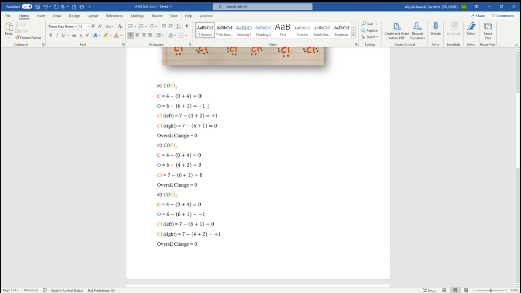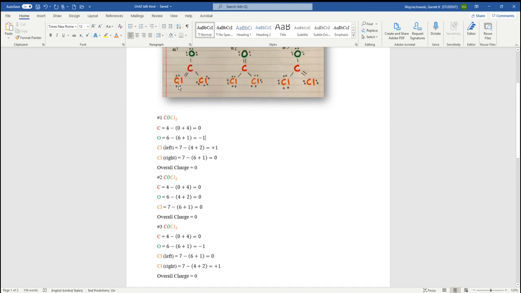So as we can see here, for example, the oxygen in the first structure right here is doing work. This negative 1, that is work, that is energy. This chlorine on the left is doing work and there's energy involved. This positive 1, this molecule is doing work to become neutrally charged. This negative 1 and this positive 1 have to cancel out just to become neutrally charged.